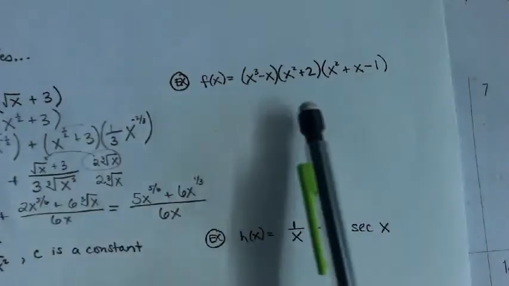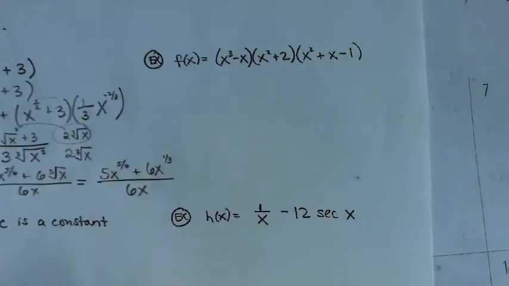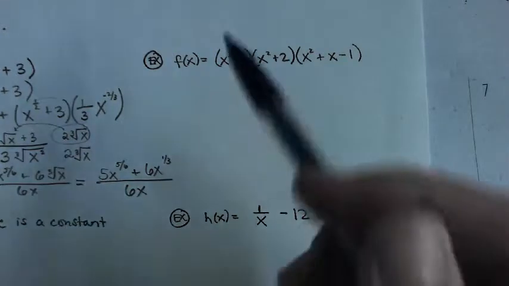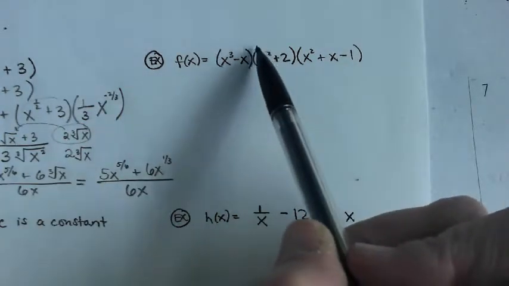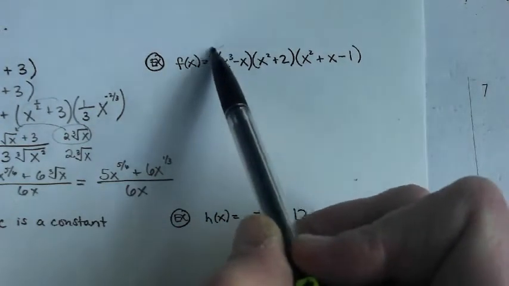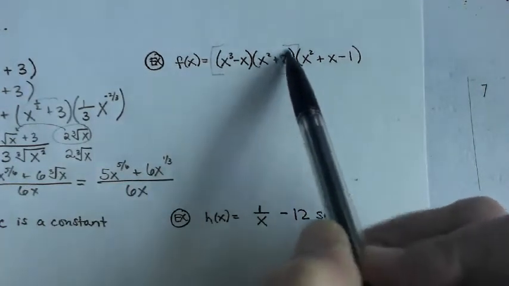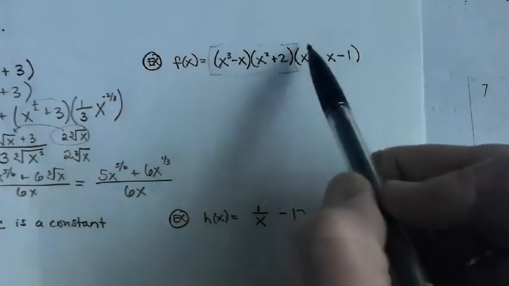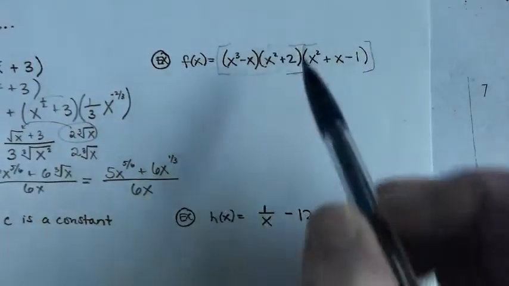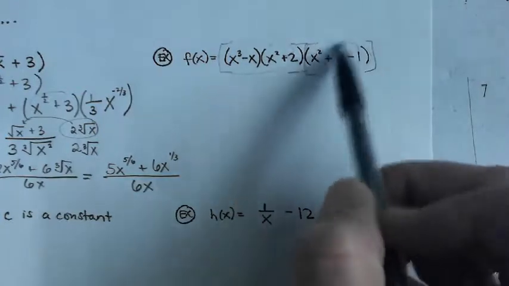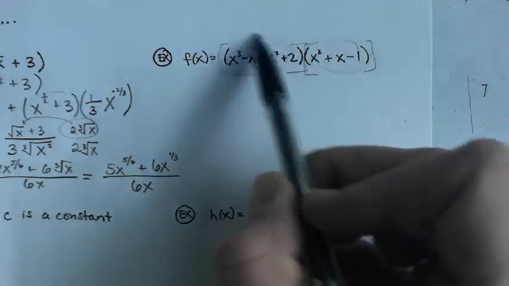All right, second one. What's different about this? Right. So you could do, and just bear with me here before we start and decide, we could treat this as the first, and this is the second. So you could do the first times the derivative of the second, plus the second times the derivative of the first.